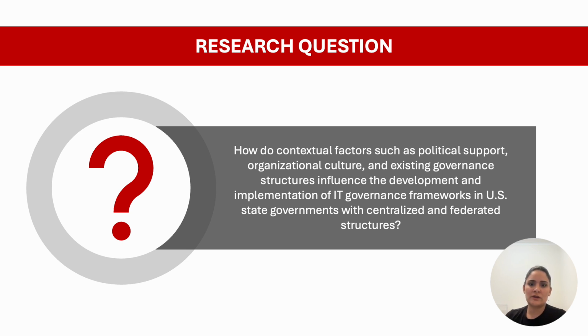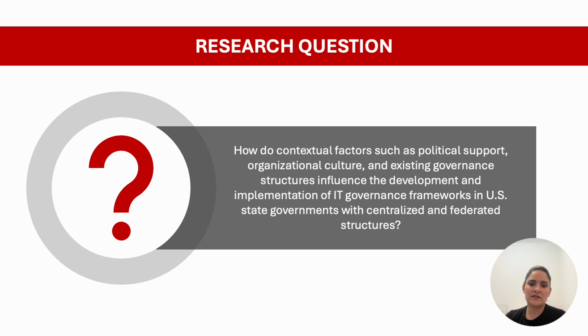Our main research question is: how do contextual factors like political support, organizational culture, and existing governance structures influence the development and implementation of IT governance frameworks in US state governments with centralized and federated systems? This question examines how politics, internal culture, and existing systems impact the creation and success of IT governance models.